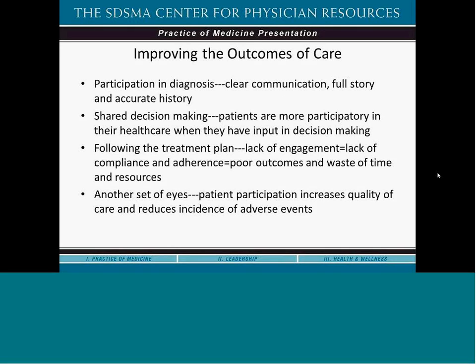Patients want to make the system better. So, improving the outcomes of care, patient participation in diagnosis, the clear communication, the full story, and the accurate history. Again, patients are able to talk if they're able to tell their story, if they're participating in that back and forth dialogue early in the diagnosis process. You're dealing with much better clinical information.